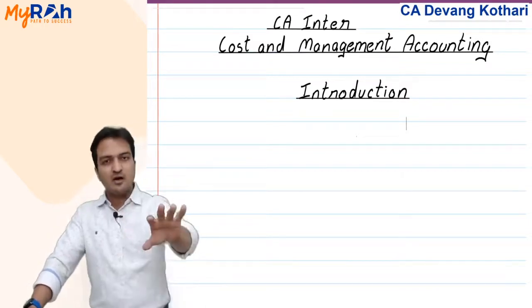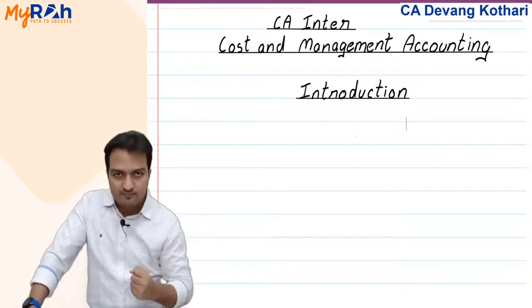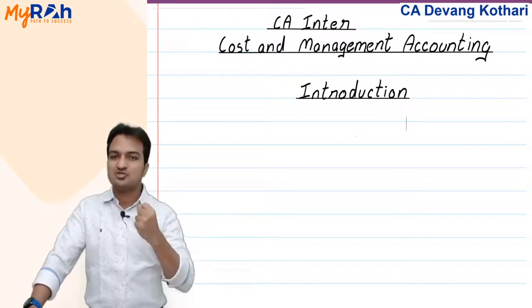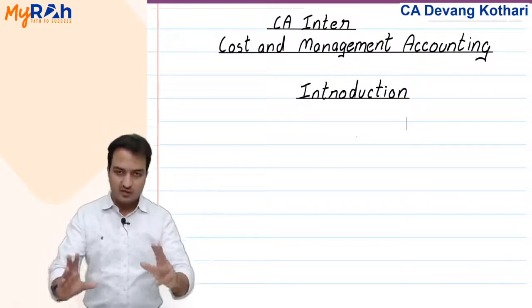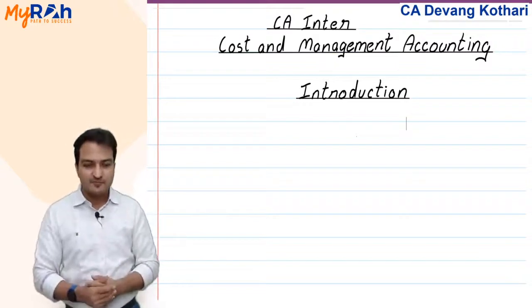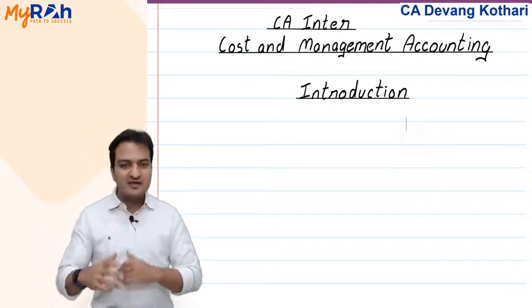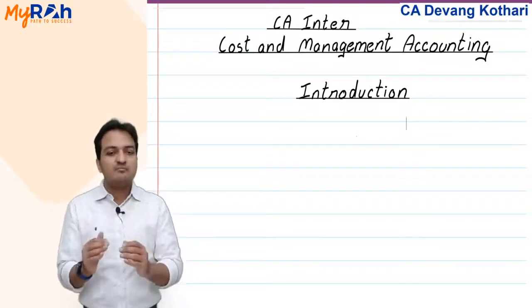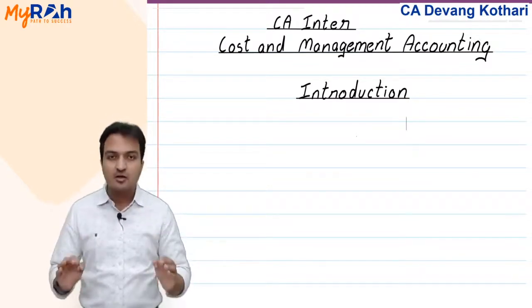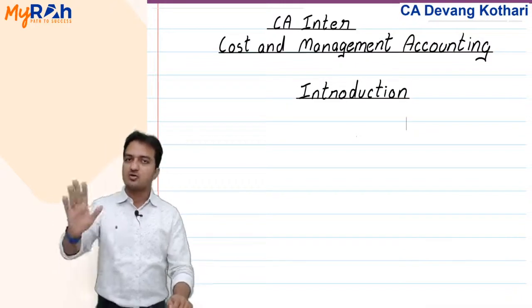Because when a customer will come to my shop to purchase my product, the first thing he will ask will be what is the selling price of the product. So first I need to calculate the selling price of my product. Okay, that can be one of the main reasons why I want to calculate cost of the product.